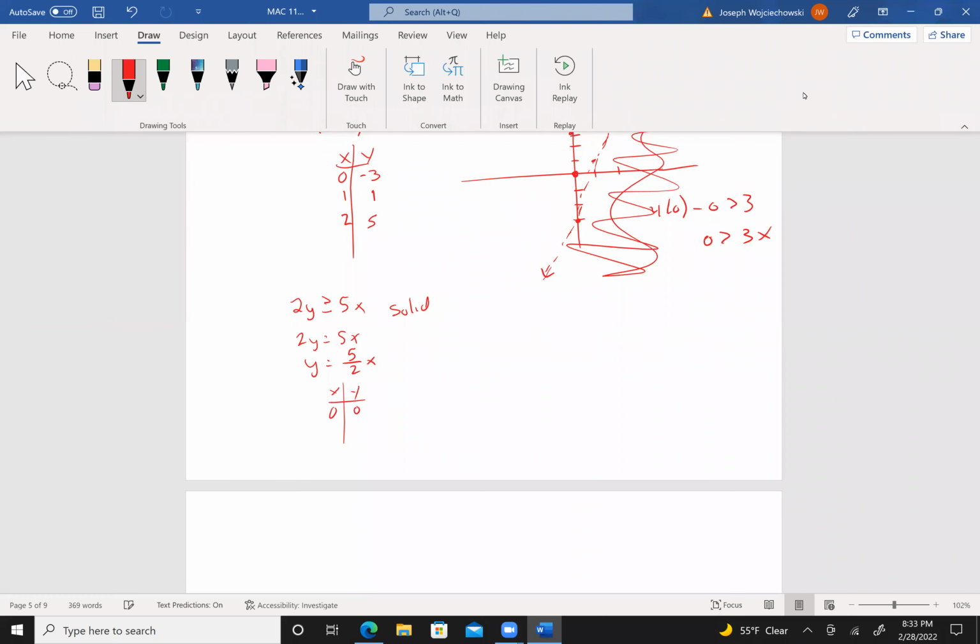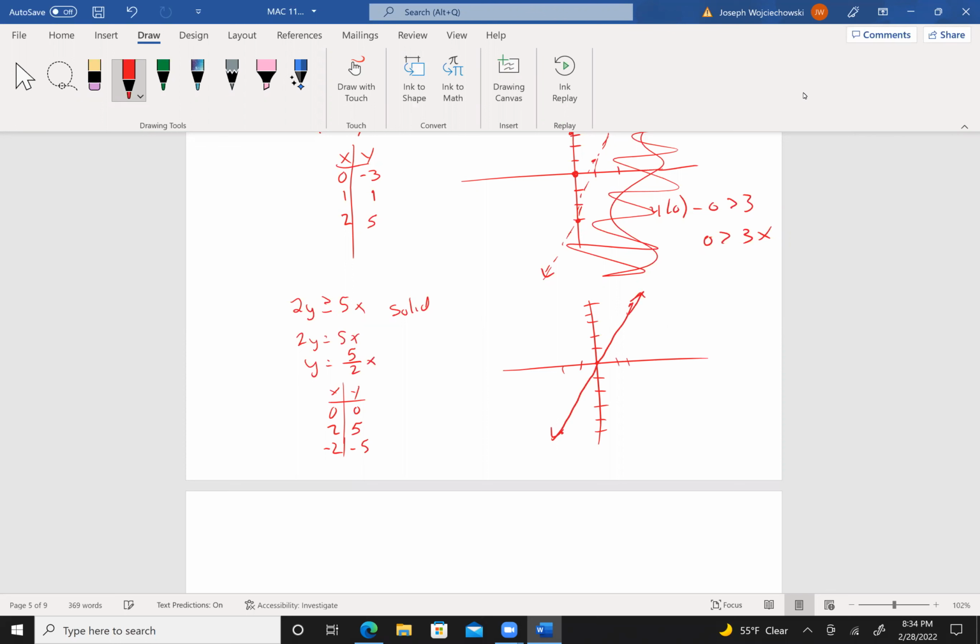X is 0, y is 0. X is 2, y is 5. If x is -2, y is -5. And we're using a solid line here.